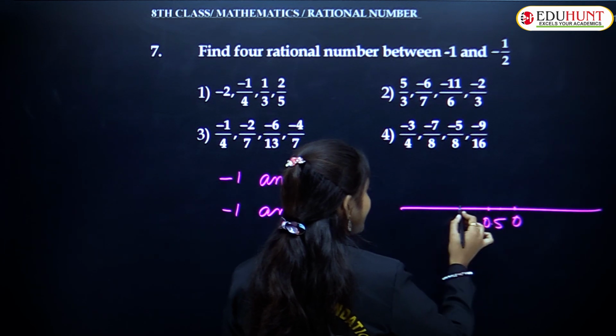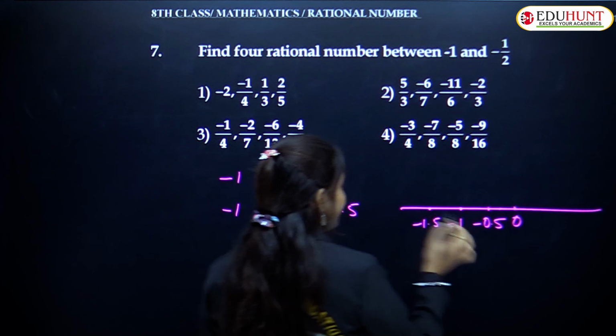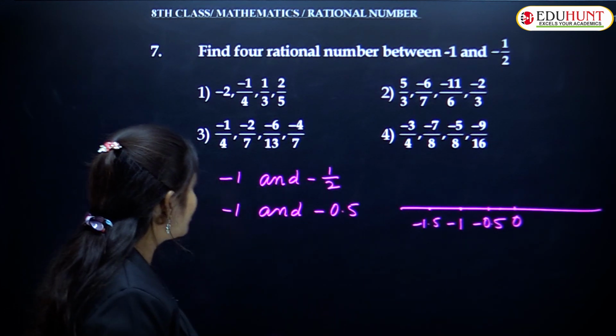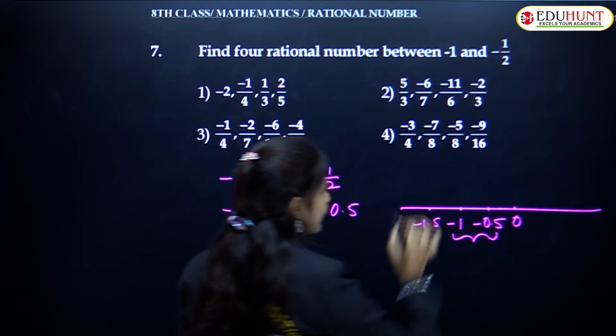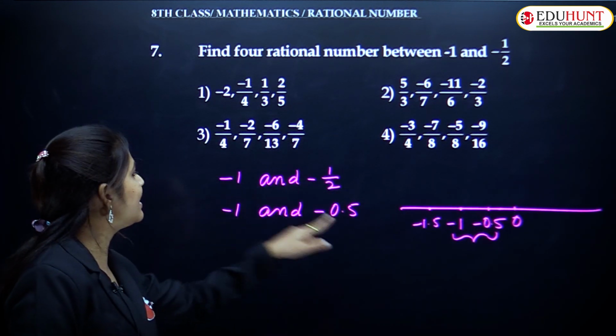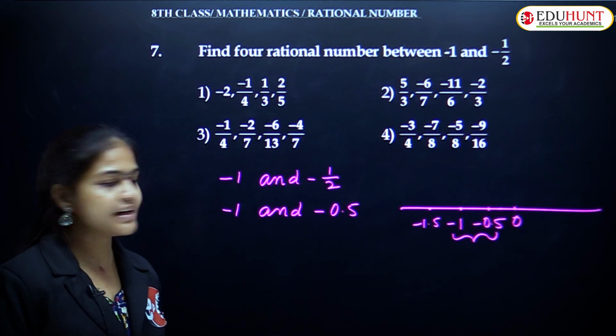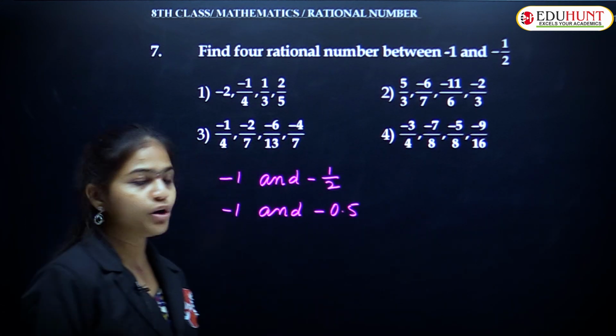So minus 0.5 and here this is minus 1, minus 1.5 like that. Okay. So the numbers which lie in between minus 1 and minus 0.5, minus 0.5 to minus 1, those numbers we need to find out. Understand? So see here. So here also we have to check all the options.